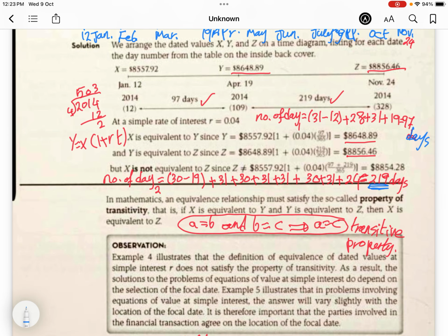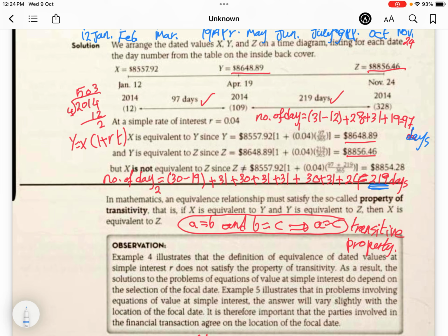Here, substitute. Notice that X is equivalent to Y, since Y equals X multiplied by (1 plus 0.0497 over 365 times 97) equals 8,648.89.